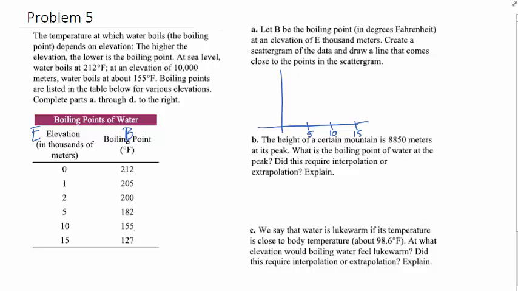And then our boiling point here goes all the way up to 212 and starts at 127. It's hard to set this up evenly, but let's see what we can do.